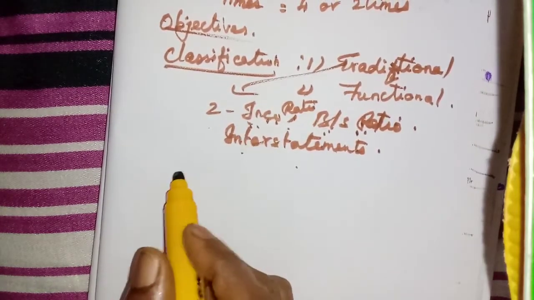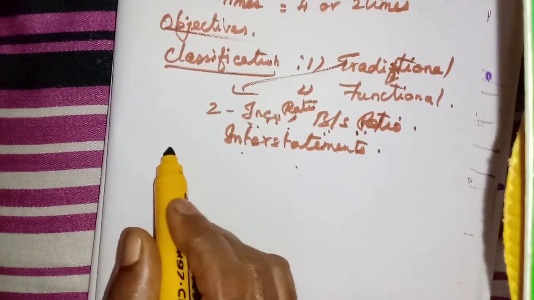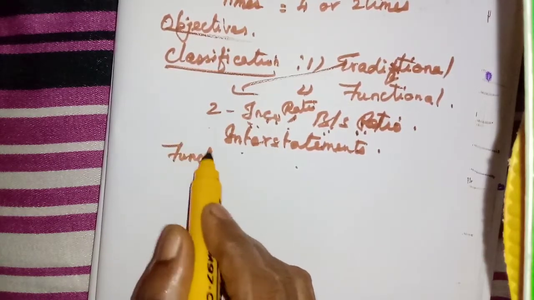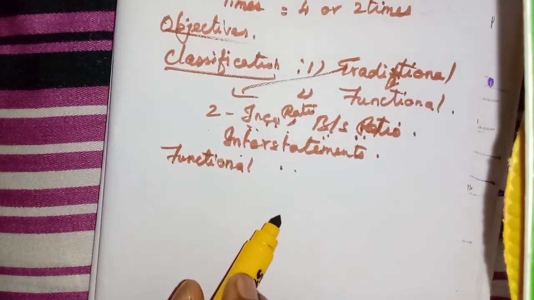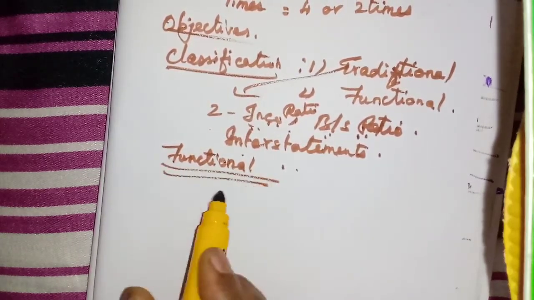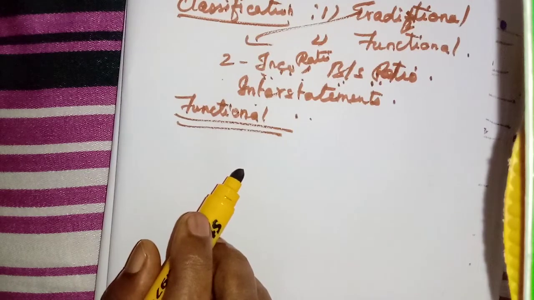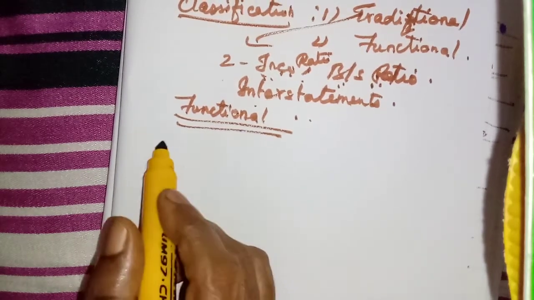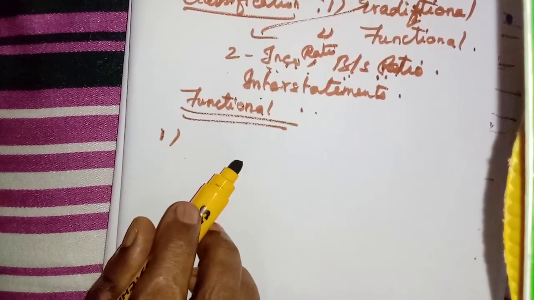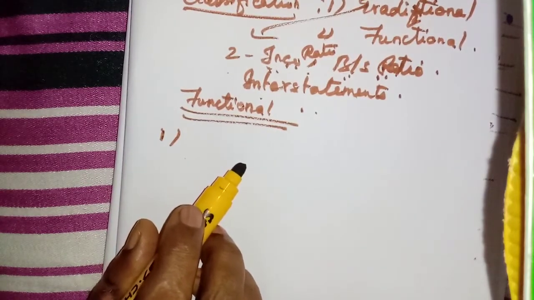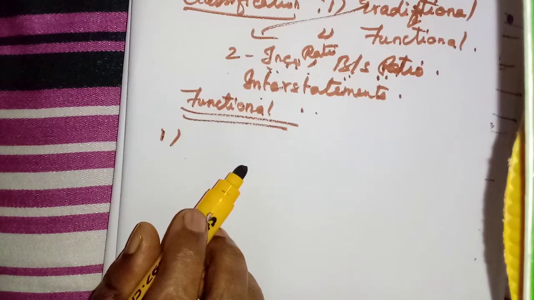We are going to learn the second classification, the functional ratios. Under this functional classification, we are going to divide the ratios into 4 headings, as per the functions the business is performing.